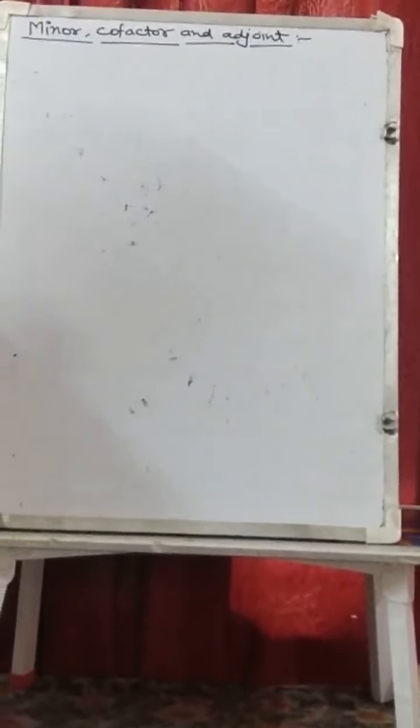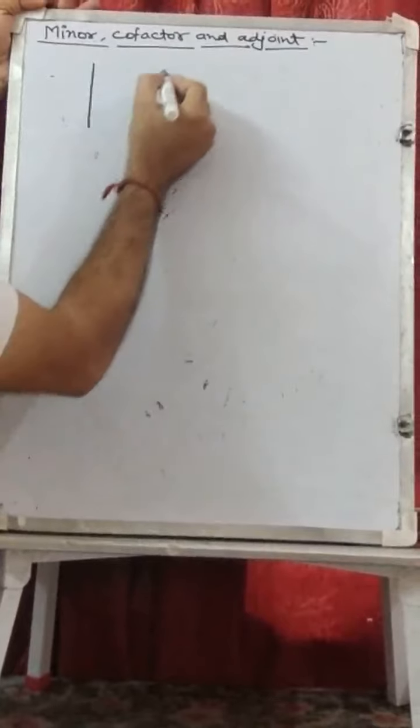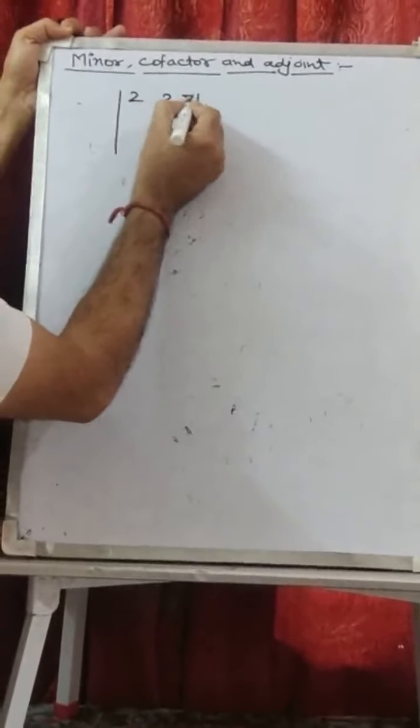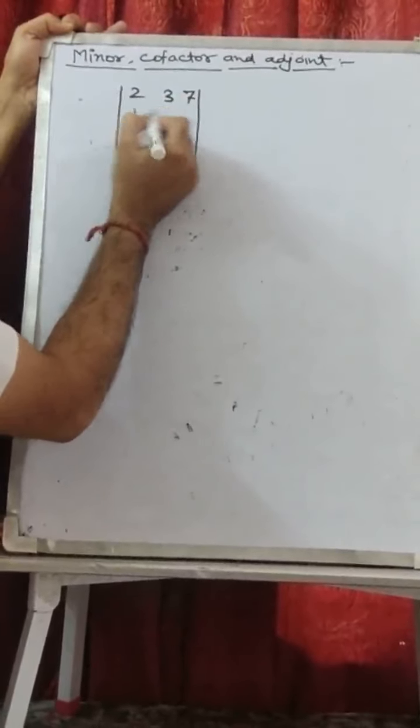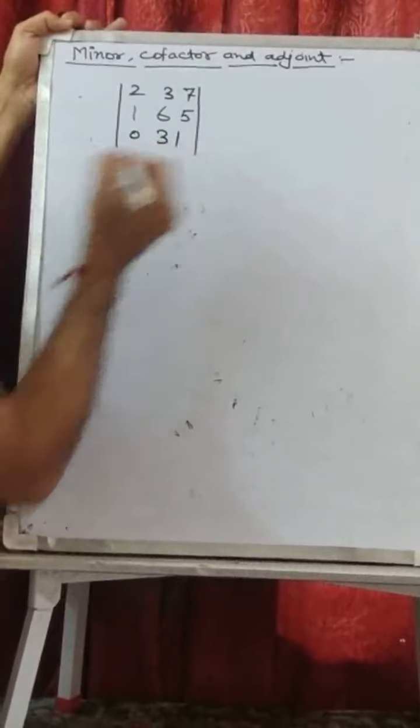Let we have a determinant of a square matrix 3 by 3, and it is 2, 3, 7, 1, 6, 5 and 0, 3, 1.